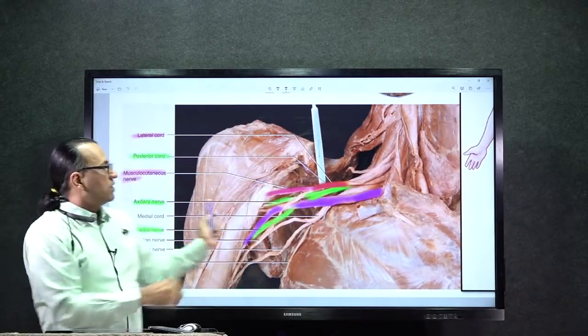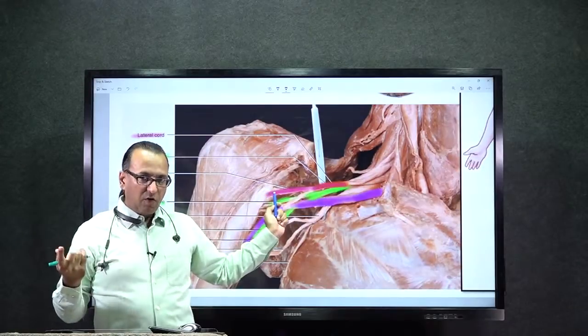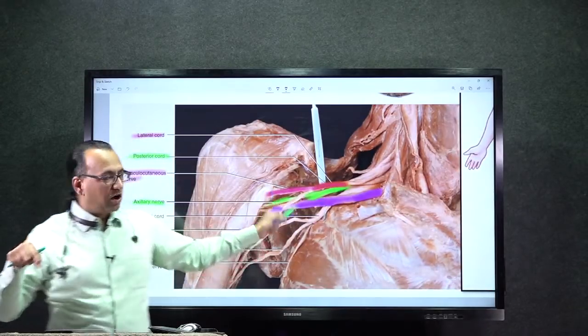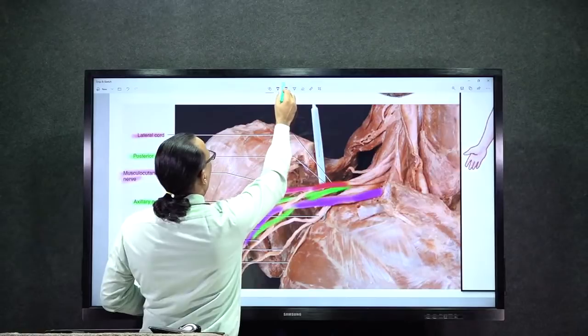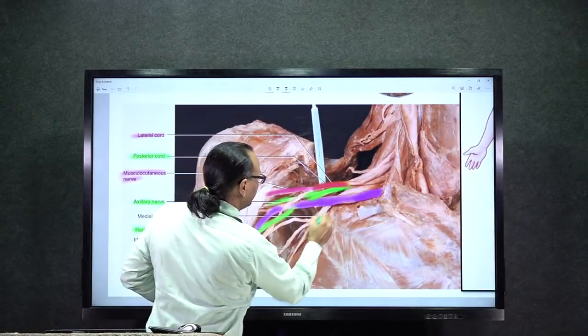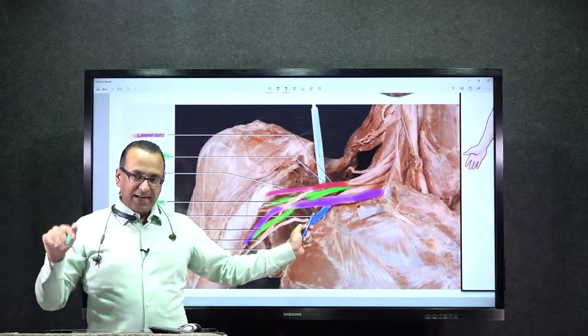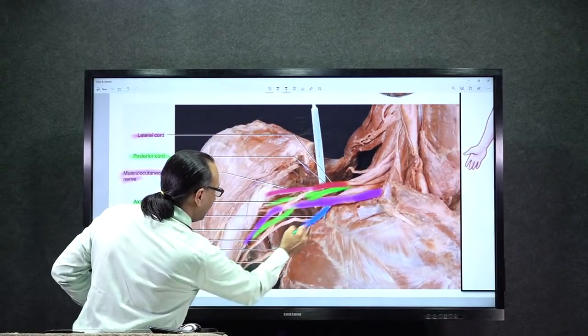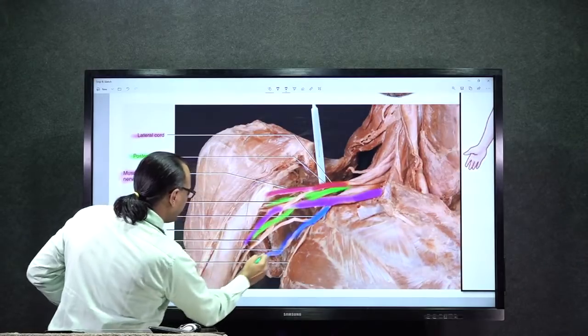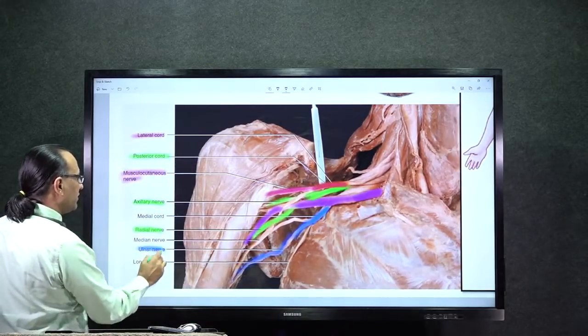So this is how you can identify the lateral cord. And what about the medial cord then? You will see this is the medial cord lying medial to the artery and continuing as the ulnar nerve. So the ulnar nerve is the continuation of the medial cord.